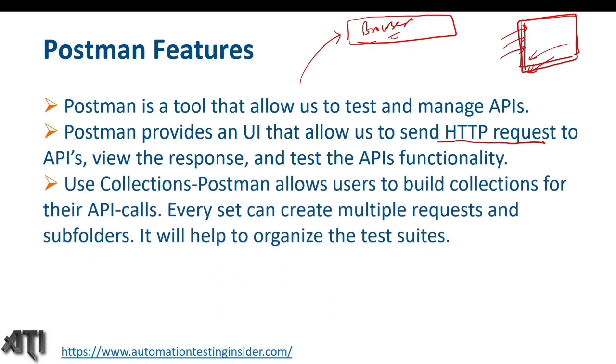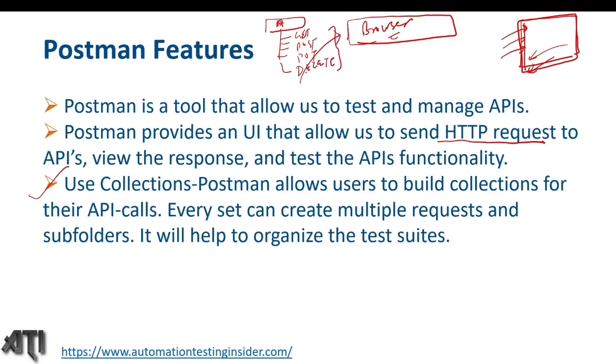Use collections. This is an important feature of the Postman tool. So what is a collection basically? Let's say this is collection A, and we can say a collection is a combination of different HTTP requests. Inside this collection, we can create multiple HTTP requests, like let's say get, post, put, delete.